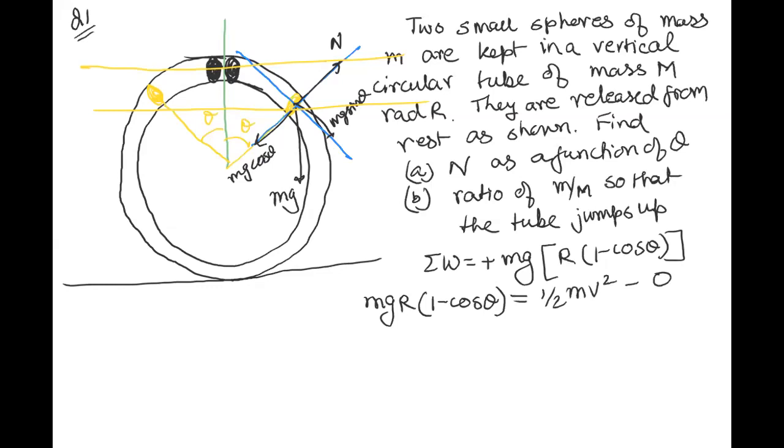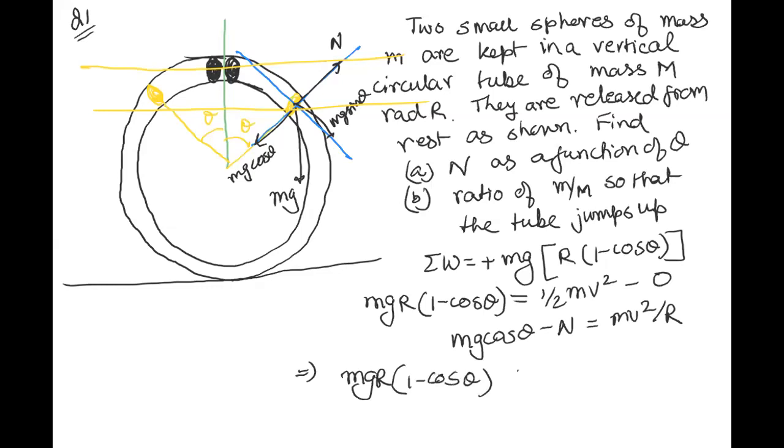But circular motion tells us that mg cos theta minus n is equal to mv square by r. So this implies that mgr into 1 minus cosine theta is equal to half into mgr cos theta minus n r.